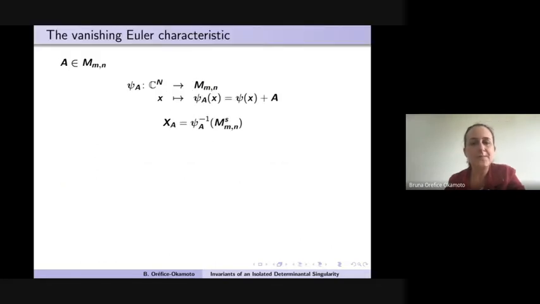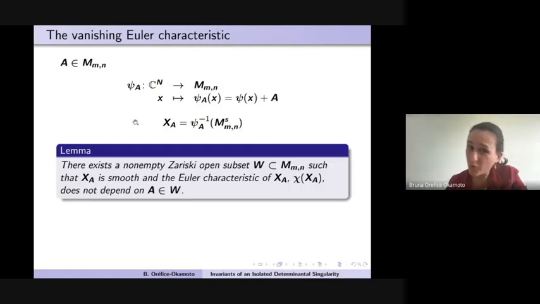To do this, we considered a matrix A in M_{m,n}, and we denoted psi_A from C^n to M_{m,n} the map which takes x to psi(x) plus A. And for each A, we denote by X_A the inverse image of the matrices with rank less than s by this map that I defined here.